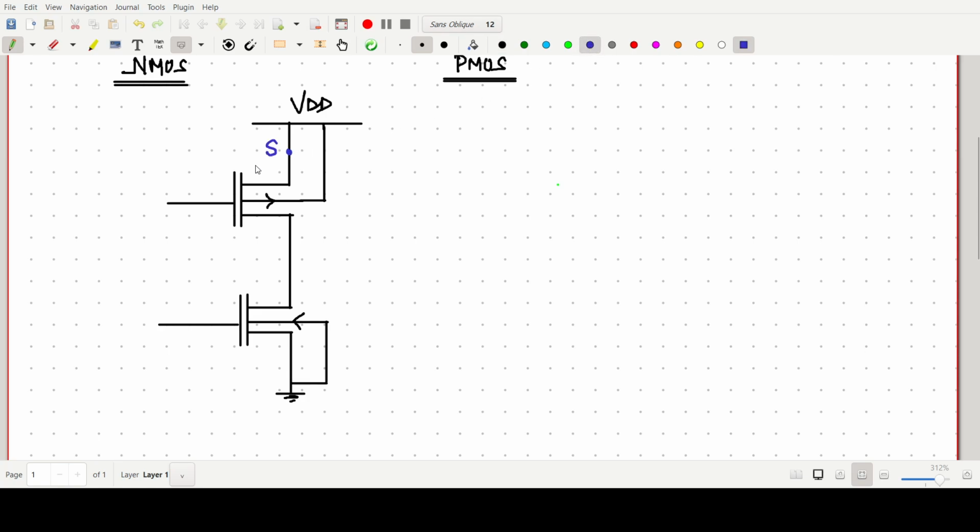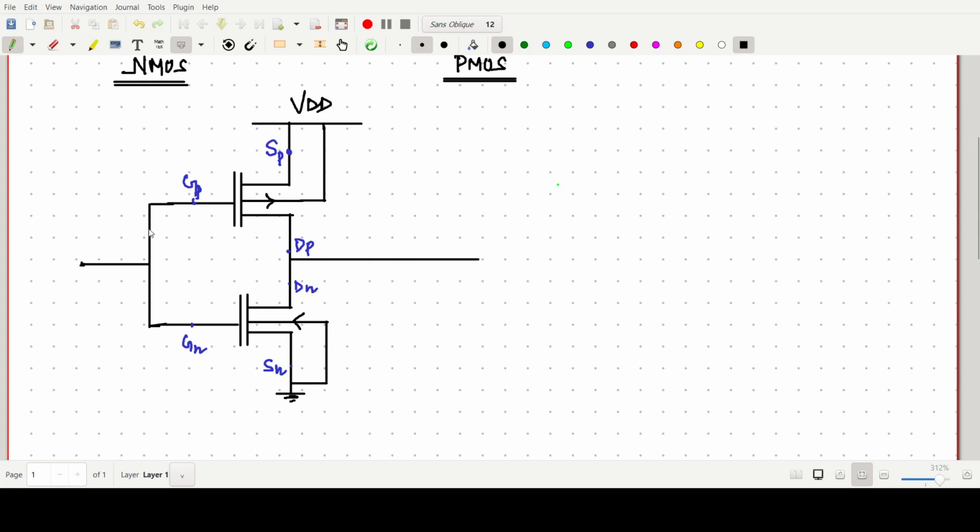I am writing gate of N, gate of P, source of P, drain of P, drain of N, and this one is the source of N. These two gates are connected together in a CMOS inverter, and we are taking the output here.